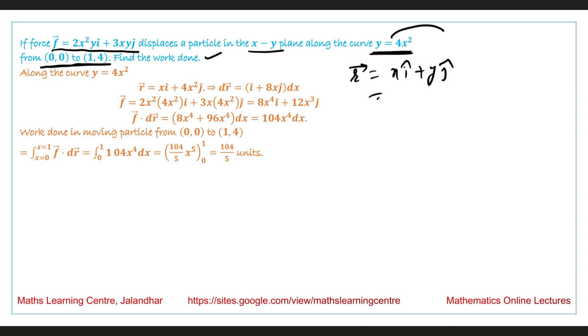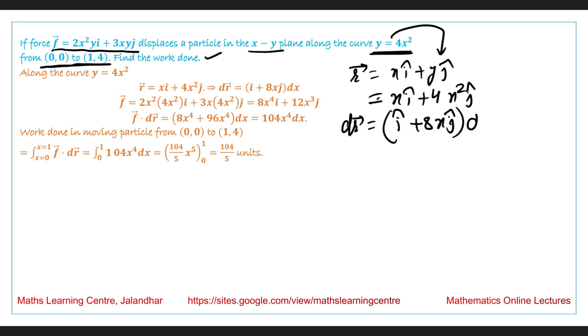If we substitute the value of y over here, because it is moving along this curve, we obtain x i cap plus 4x square times j cap. So the value of dr vector we have is i cap plus 8x j cap into dx, the derivative with respect to x.